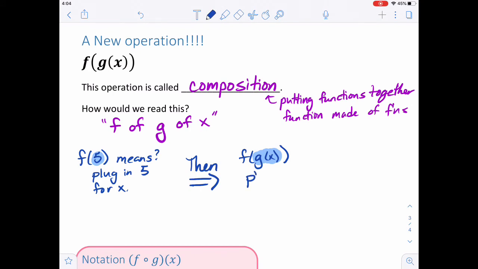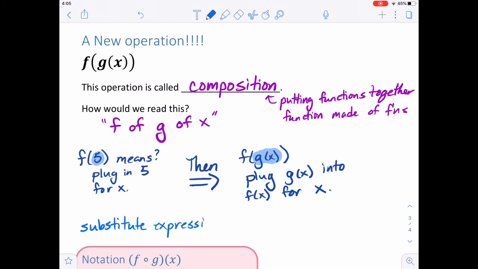It means we're going to plug g of x into f of x for x. Means that every x we have in our equation becomes a g of x. So it's a way for us to substitute expressions instead of numbers.